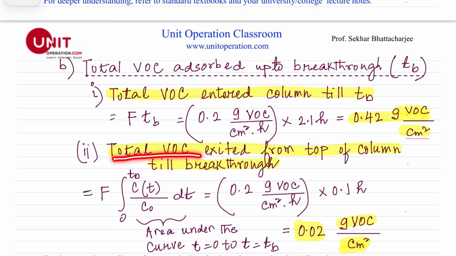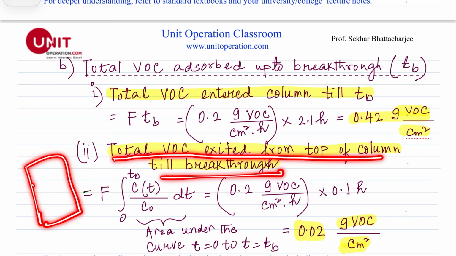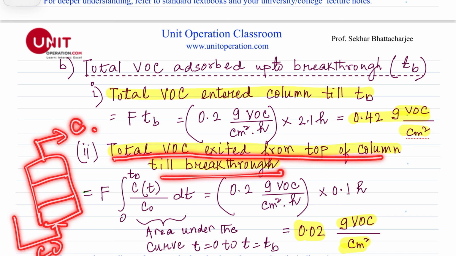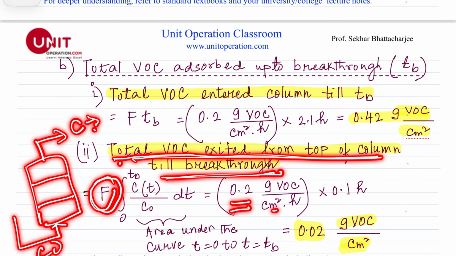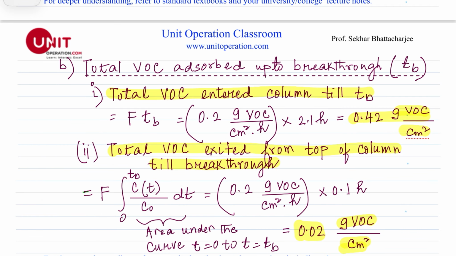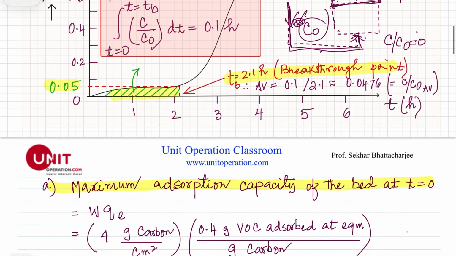What is the total VOC that exited from the top of the column up to breakthrough? Remember, this is the bed here. This is, let's say, C0, and this is C. So this is the exit concentration. Up to TB, what's the total amount of VOC that has exited? That is the rate at which VOC is entering, which is 0.2 grams of VOC per square centimeter per hour, times the integral of the area under the curve here.